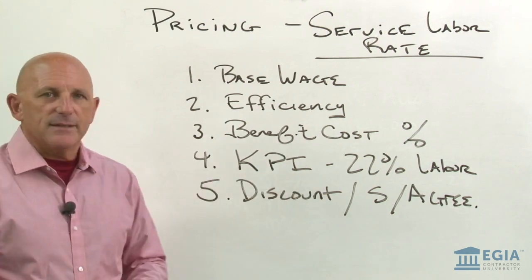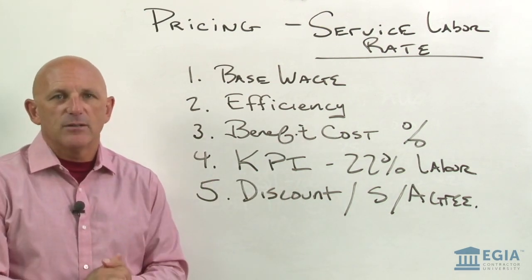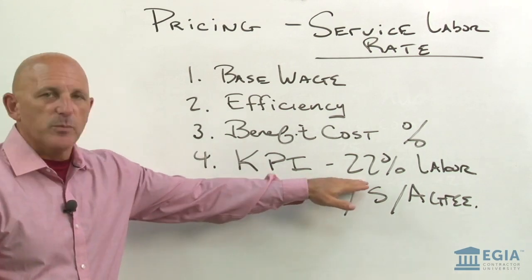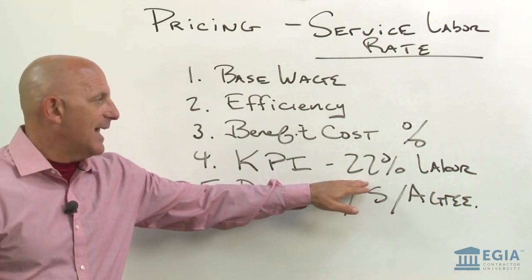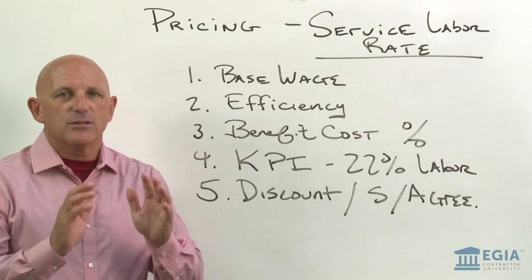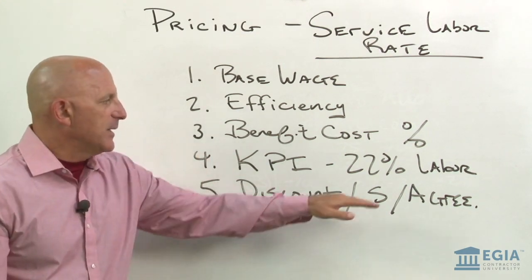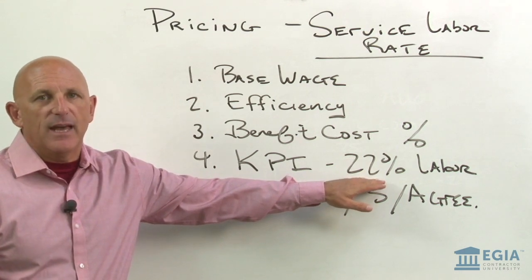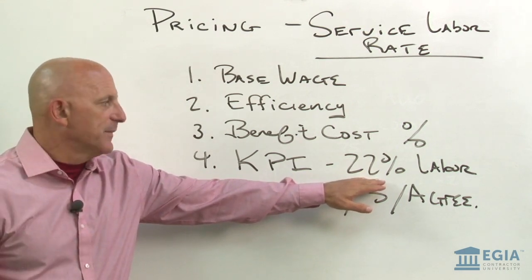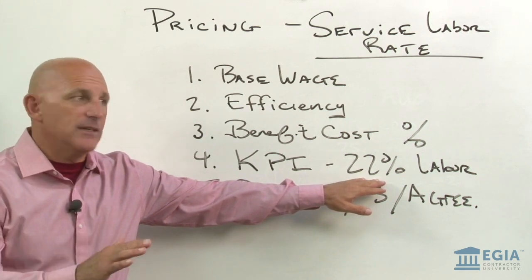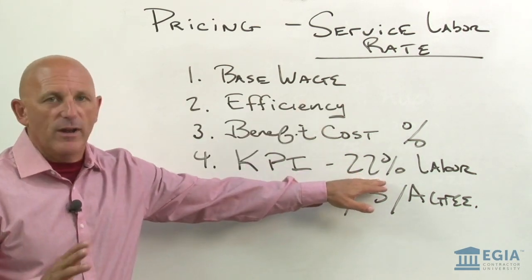And then the fourth area is the KPIs, key performance indicators. For those of you that have been through the benchmarks discussion, that is essentially 22% cost of wage against the actual labor rate. So when I set a street labor rate of X, call it $100, I can be no higher than 22% of that labor rate that I'm billing to the customer. So $22 would be the maximum that I could spend on a wage against a $100 rate.